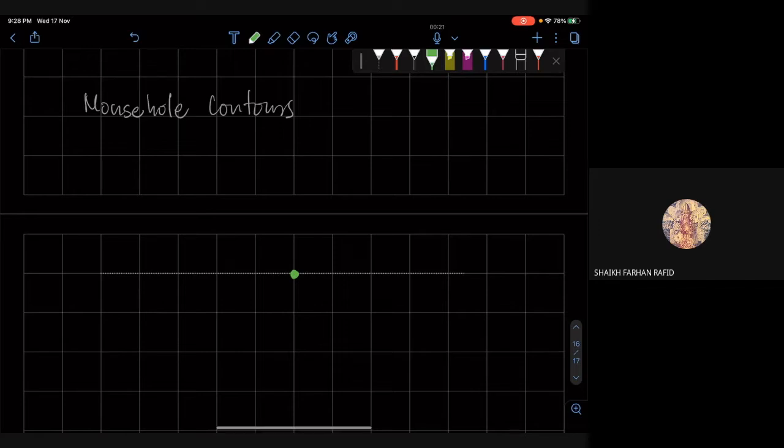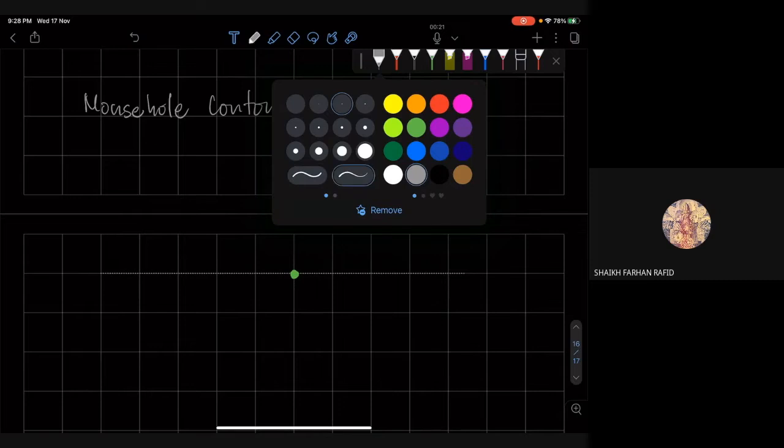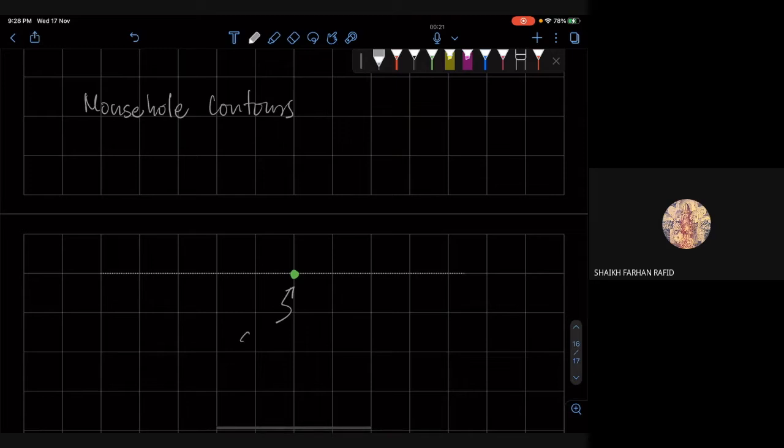This is a simple pole of, say, f of z. This is a simple pole of the function f of z.